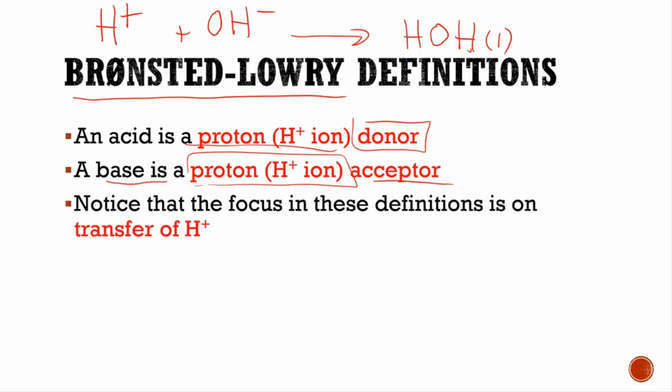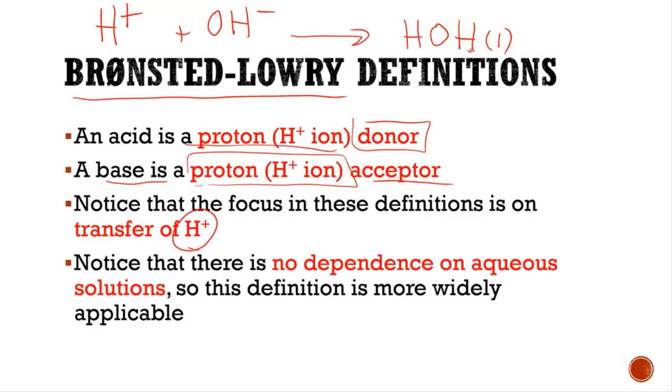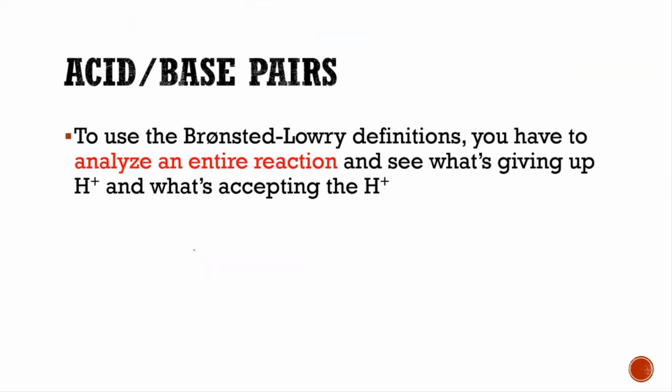So the focus on this definition is on the transfer of H plus ions. There's not really a dependence on aqueous solutions, but typically you do see this in water solutions.